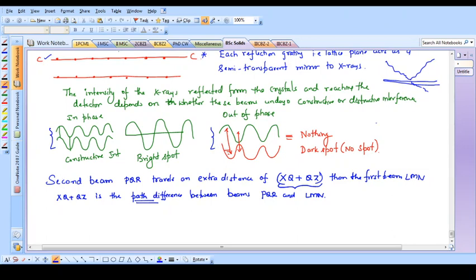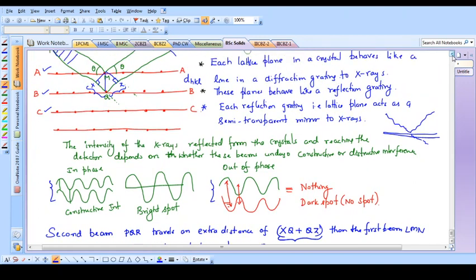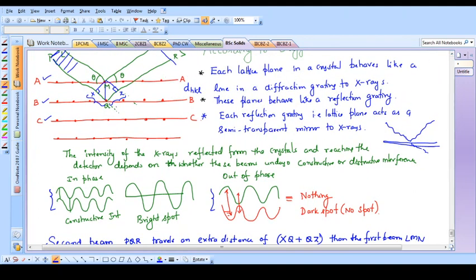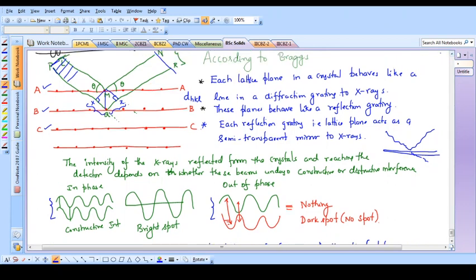Now let us geometrically calculate the values of XQ and QZ. Okay, for that we will make some arguments based on geometry. So if this angle of incidence is theta, it is possible to show that this angle XMQ is also equal to theta.